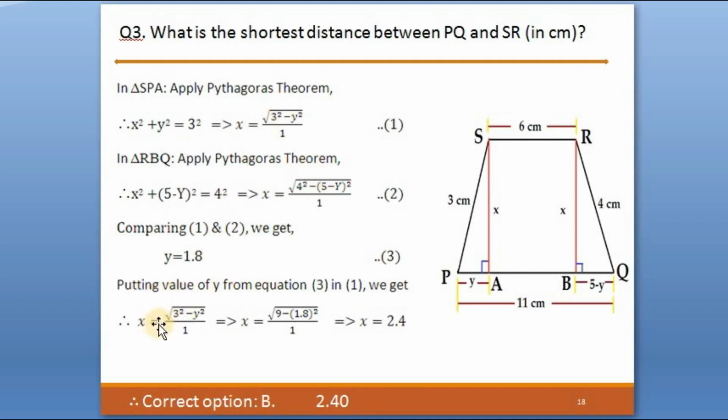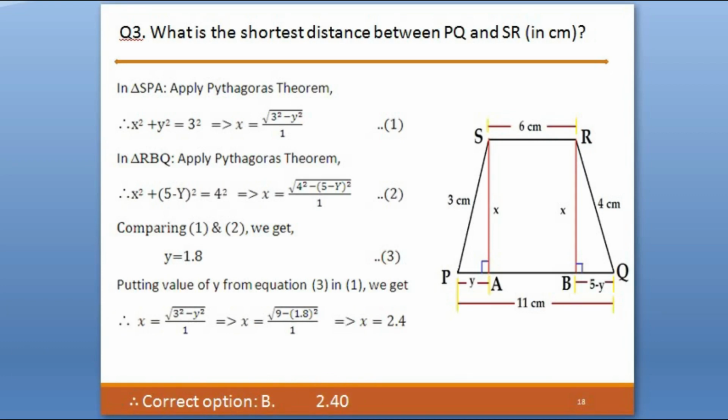Because we have to find out this shortest distance x, by putting the value of y in the first equation, that is square root of 3 square minus y square, so here square root of 9 minus 1.8 whole square. By simple arithmetic we can calculate the value of x as 2.4. So out of these given options, option B, that is 2.4, is the correct answer, right?